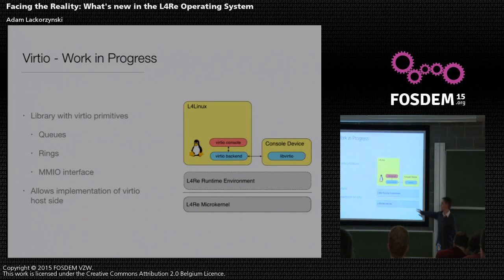We have the microkernel, the runtime environment, and one of the examples is now L4Linux. In L4Linux, there is a console driver for virtio. It talks to the virtio backend, and then we can use our client library to implement a console device, which then communicates through virtio with the virtio console device in Linux.